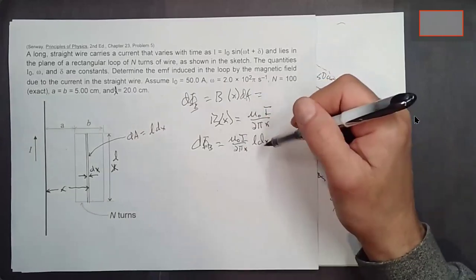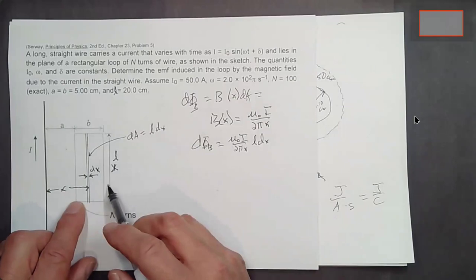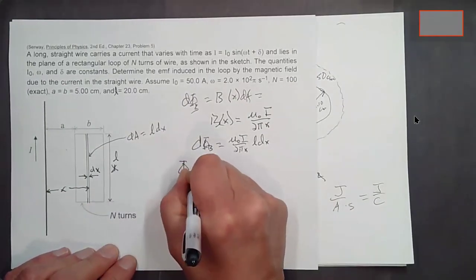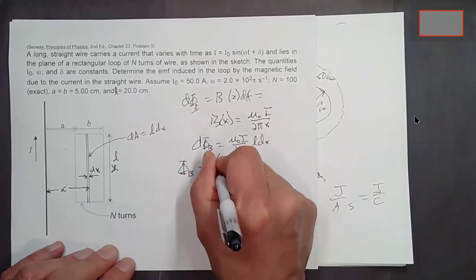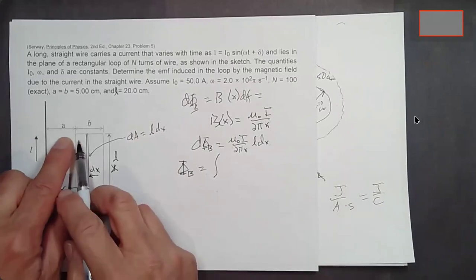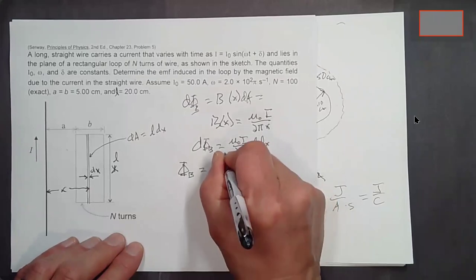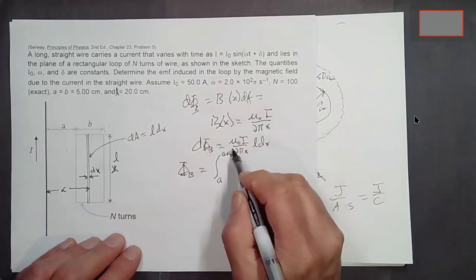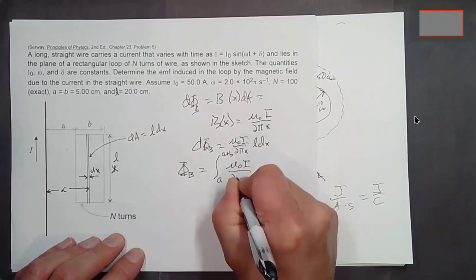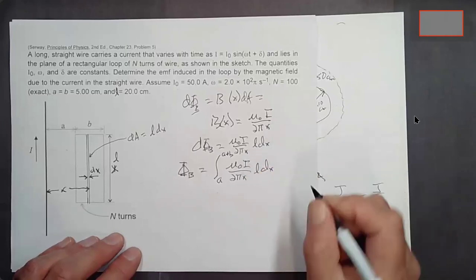Now, the net magnetic flux through that coil, phi sub B, is going to equal the integral, where the variable is x, as x goes from a to a plus b, of mu naught I over 2 pi x times L times dx.